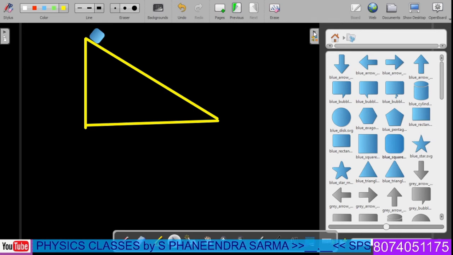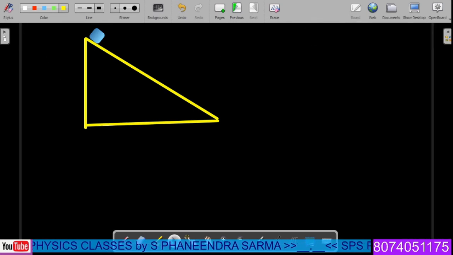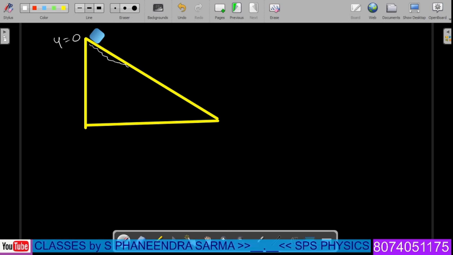Now at this condition, the object is just released from rest. Imagine that the object is just released from rest. So u is equal to 0 at this condition. Now the length up to L by N portion is a smooth surface. This is smooth.